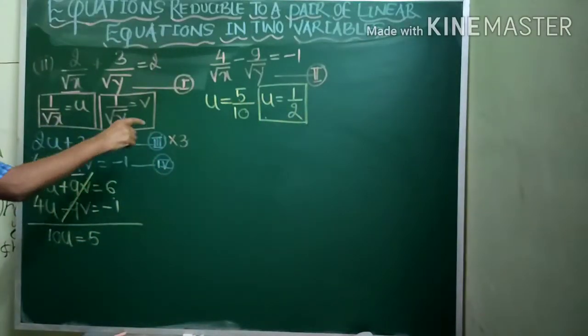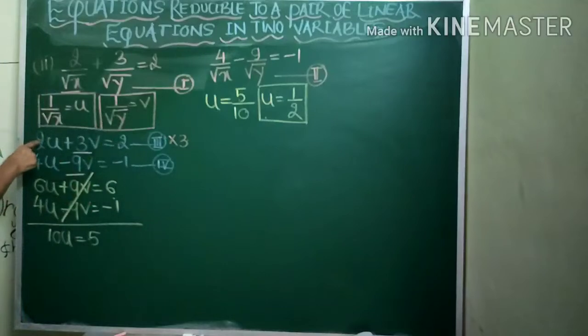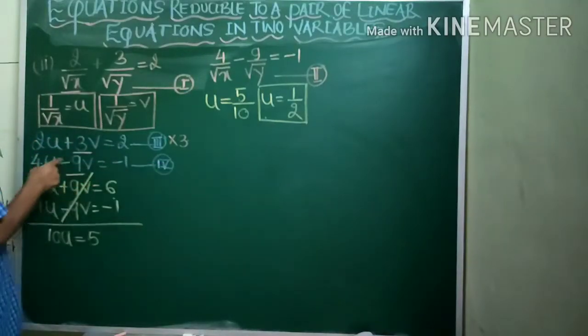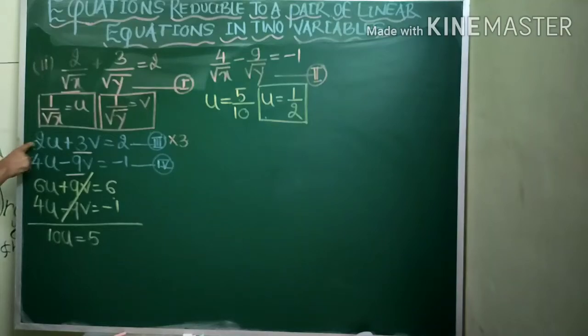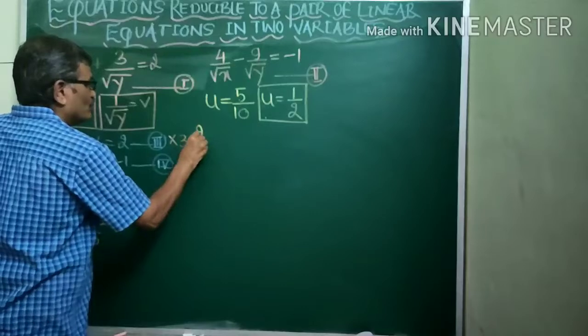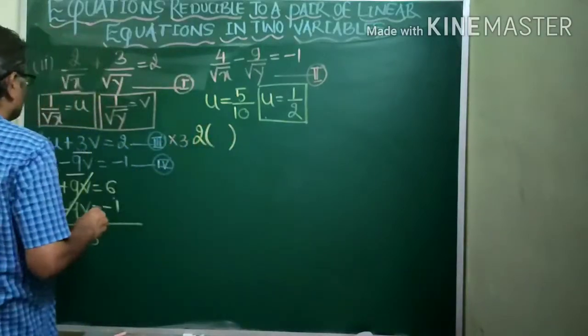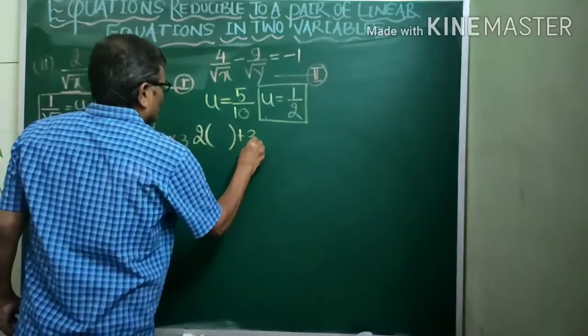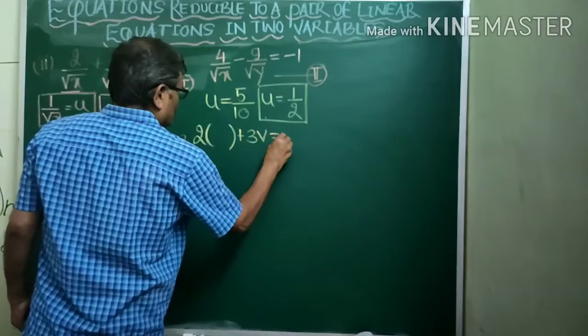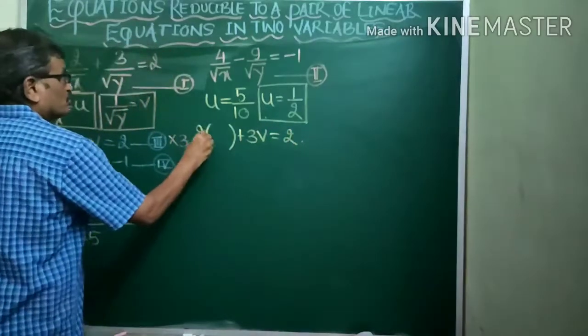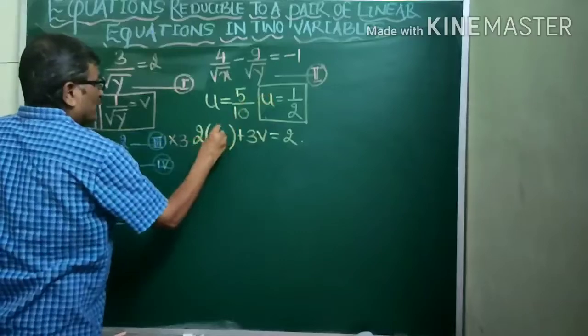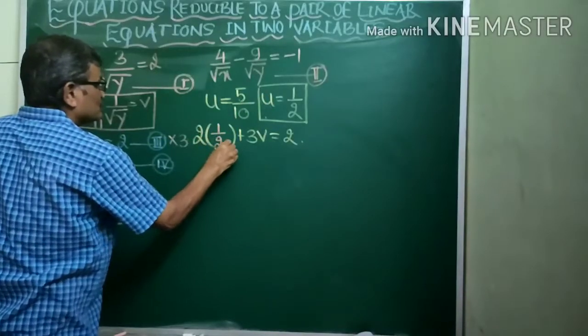Suppose if I put this u is equal to 1 by 2 in the third equation or in the fourth equation, I will get the value of v. Let me say that I am putting it in this equation. Then 2 into, in place of u we put the value of u, plus 3v is equal to 2. So in place of u, you put 1 by 2.